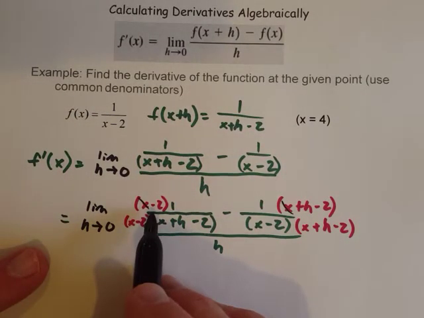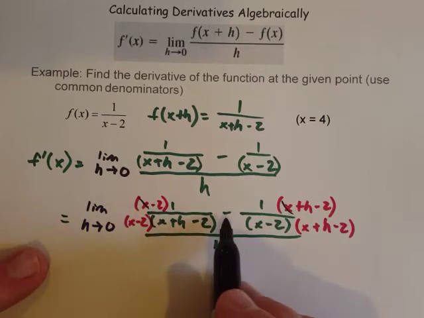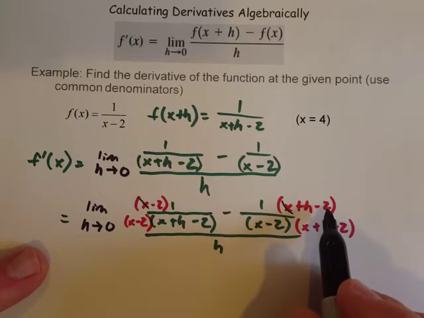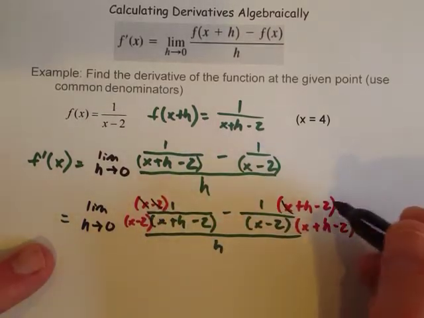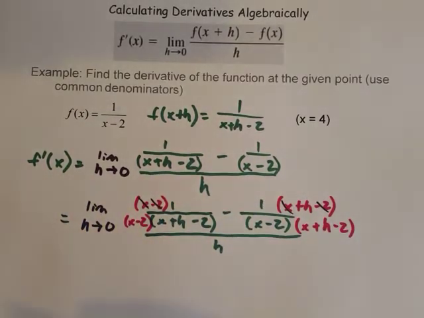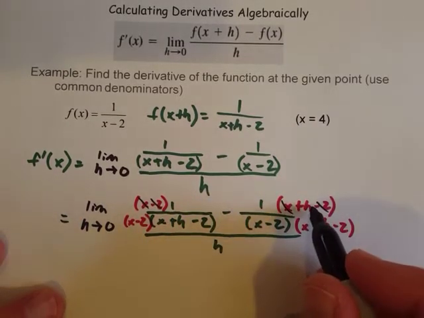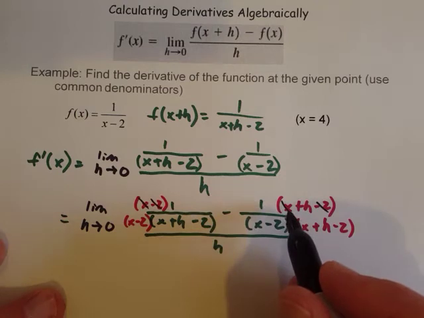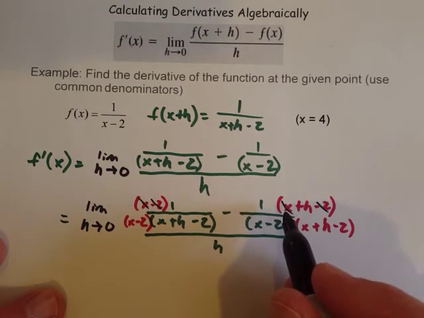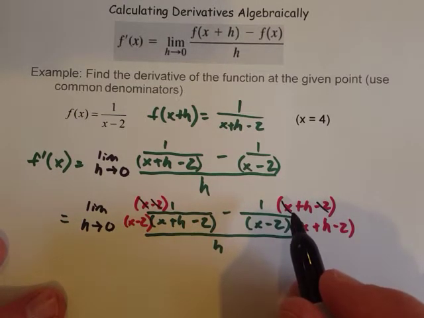Then we have negative 2 minus negative 2, so that's really plus, and so those are going to cancel out as well. So get rid of those, and that leaves up on top just 1 minus h, really. So it's just going to be that as we go forward in this problem.